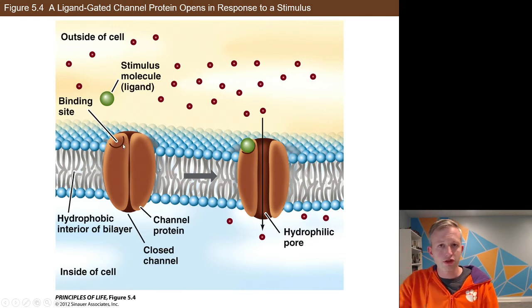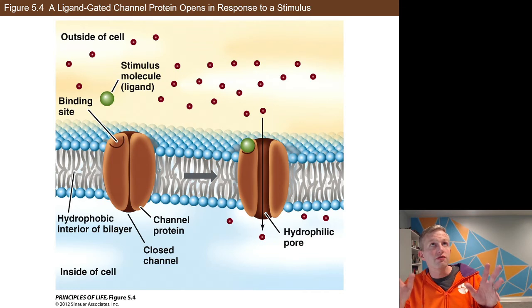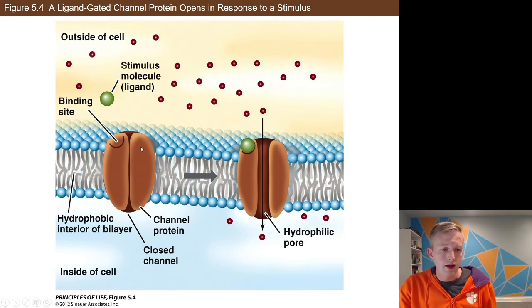The protein doesn't have thoughts. It's not waiting, looking out for the ligand to come landing. But what's happening is when this little chemical molecule lands here, it changes something about the shape of this protein. It tugs and pulls on its amino acids in such a way that the shape change correlates to now the ability of this carrier protein to allow molecules to pass through it.